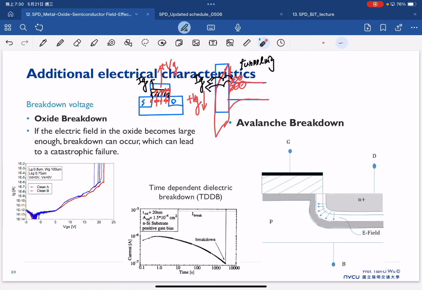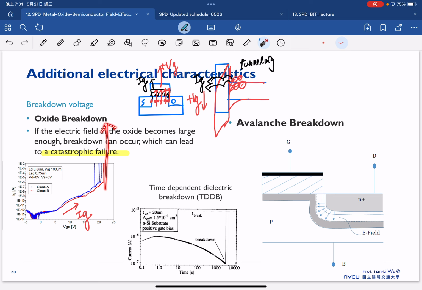So that's why you start to see this, a gate current versus gate bias. This is real measurement data: as you increase the gate bias, you see the current increase. But at a certain moment, we face the catastrophic value. The catastrophic value means that we have a huge current increase.